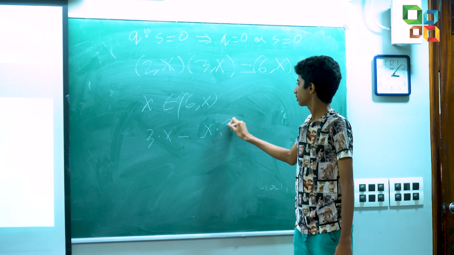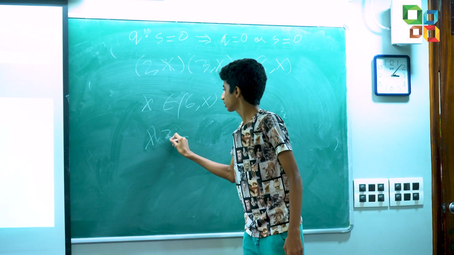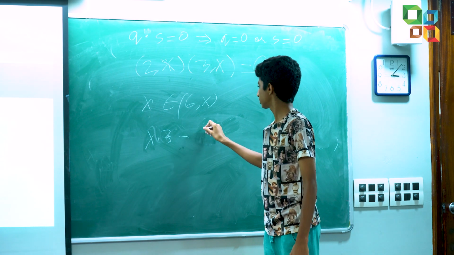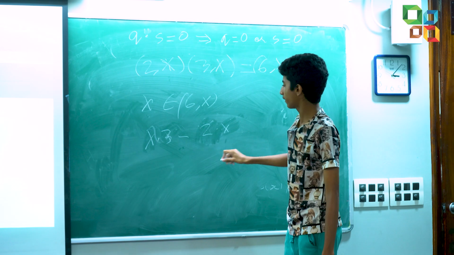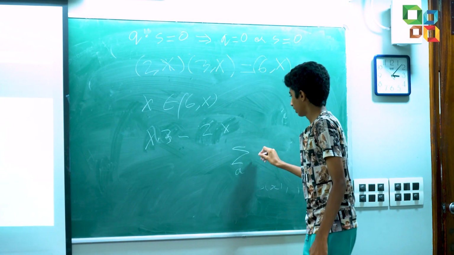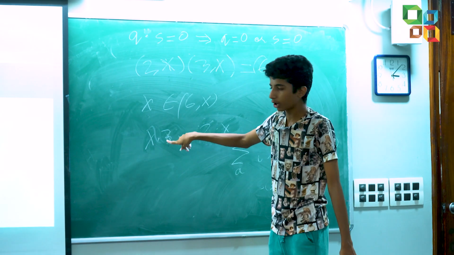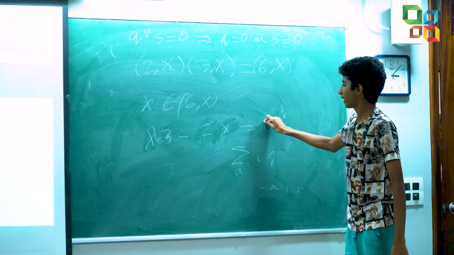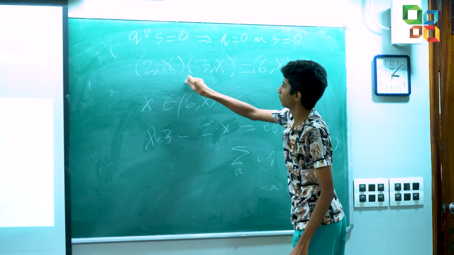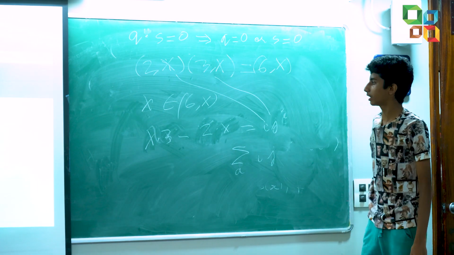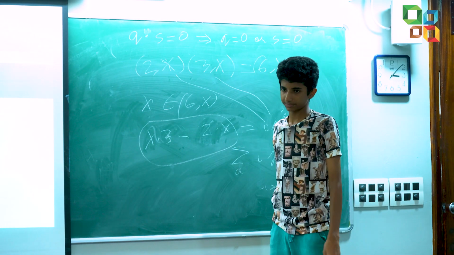This is just the summation of a_ij. We saw that this cannot be written as a direct product of i times j, where i comes from 2x and j comes from 3x, but it can be written as a finite sum.